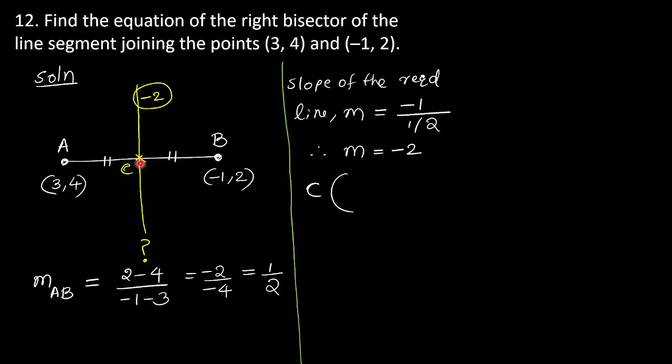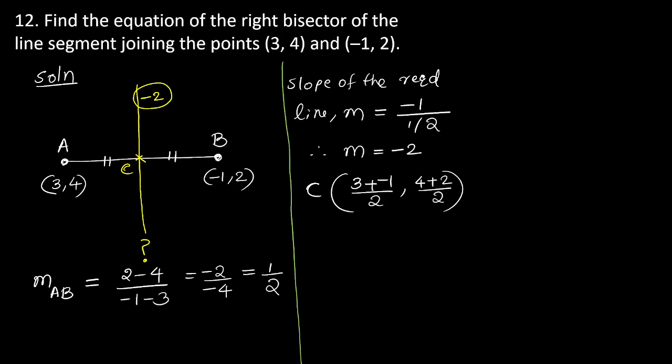The line passes through the middle point. The midpoint formula will be x1 plus x2 by 2, comma y1 plus y2 by 2. So 3 plus minus 1 by 2, comma 4 plus 2 by 2.